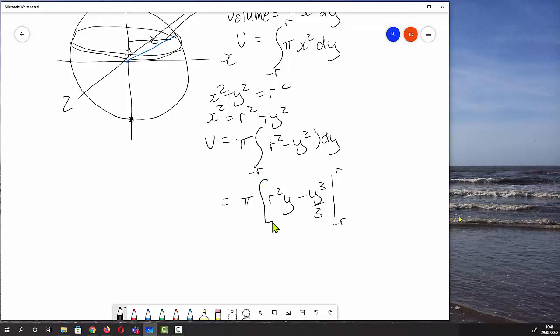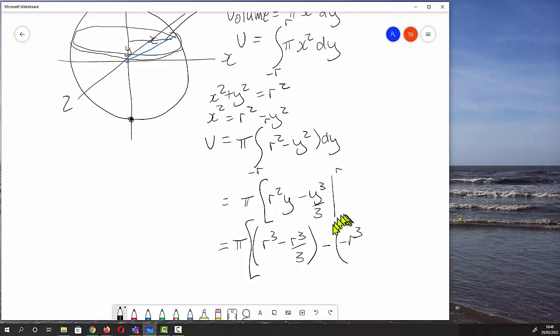Okay, so let's now put the upper value in. So that's going to equal pi outside. So I'm going to get r squared times r, so that's going to be r cubed minus r cubed over 3. Let's have another bracket there. And then it's going to be minus, now I'm going to put minus r in here, so that's going to be r squared times minus r, so that's going to be minus r cubed.